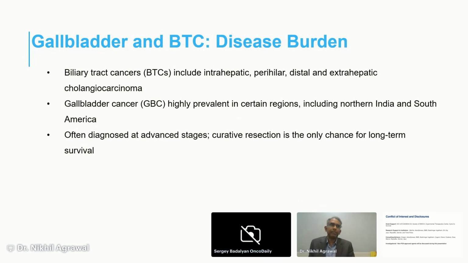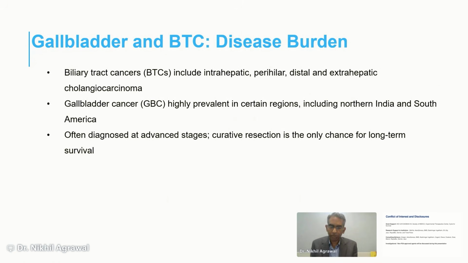Most of these diseases are asymptomatic in the early stages. So, unfortunately, by the time we detect them, they are already advanced. Only a proportion of these patients will actually undergo surgery. And when feasible, this is the only chance for long term survival and cure.